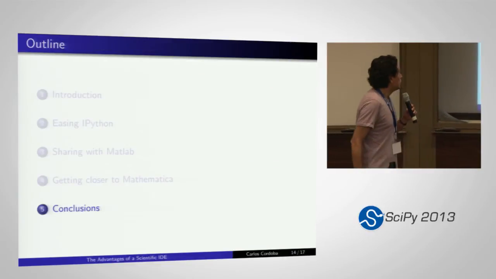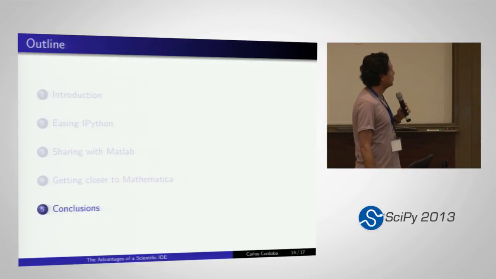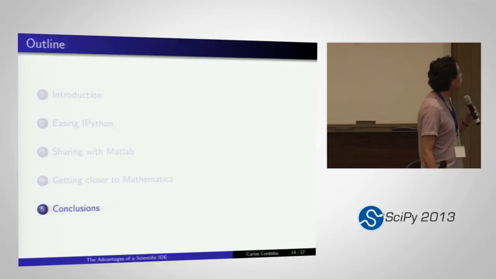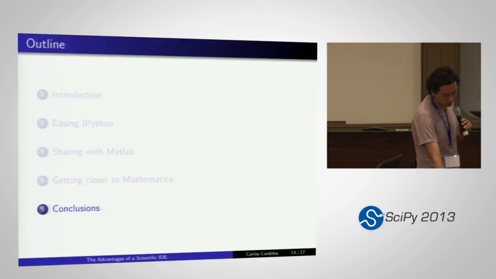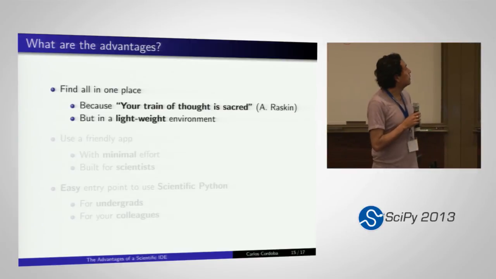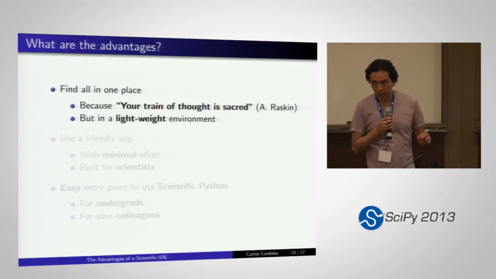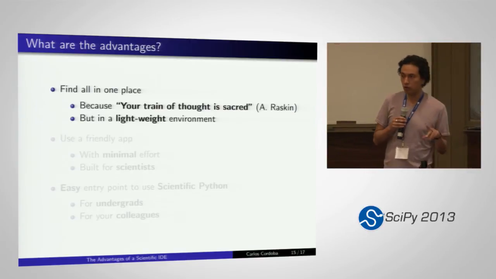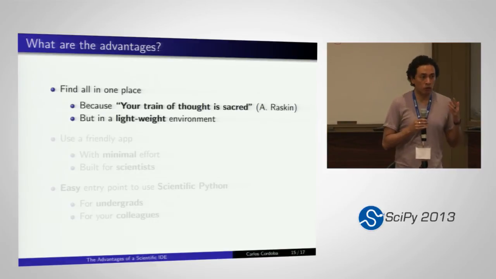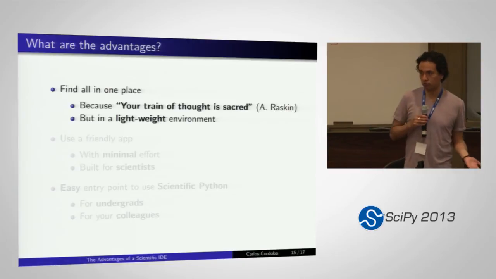Well, so what conclusions would I like to give you about the advantages of a Scientific IDE? The first one is that in an IDE, you can find everything in one place. That's the philosophy. That's why most IDEs are very bloated too.